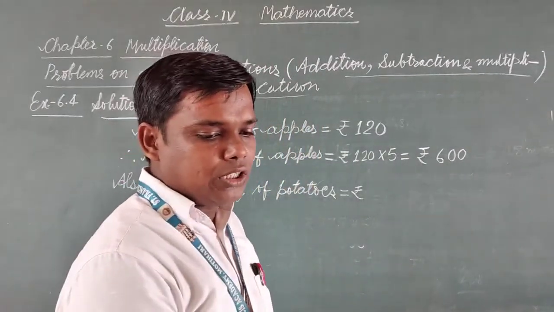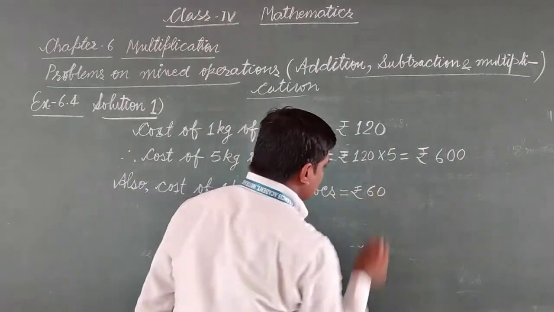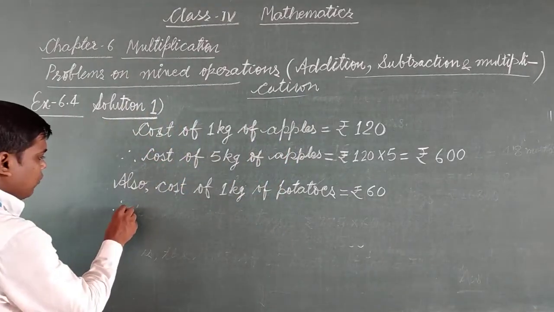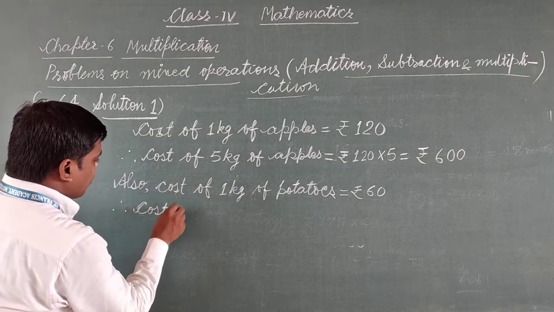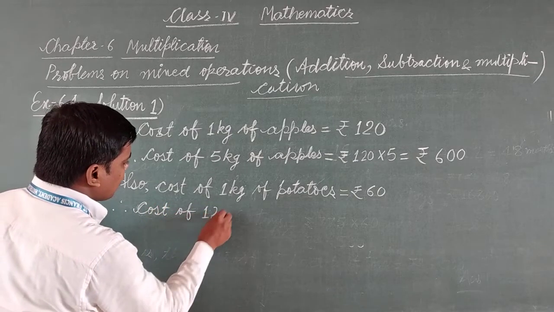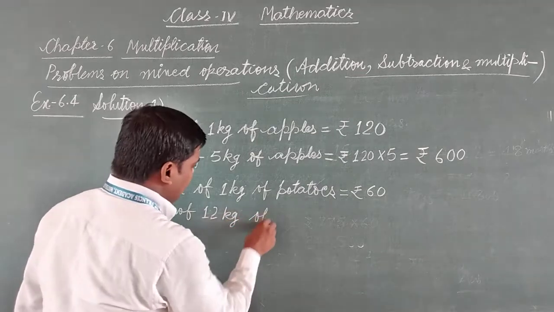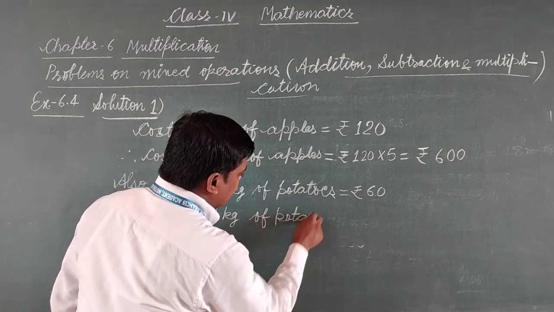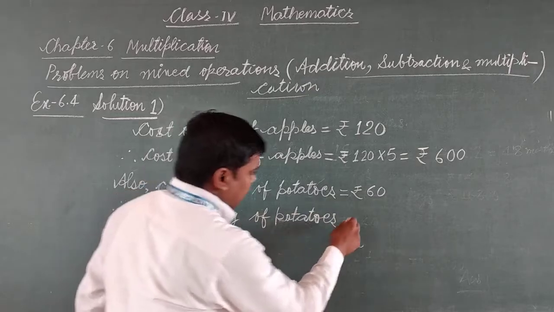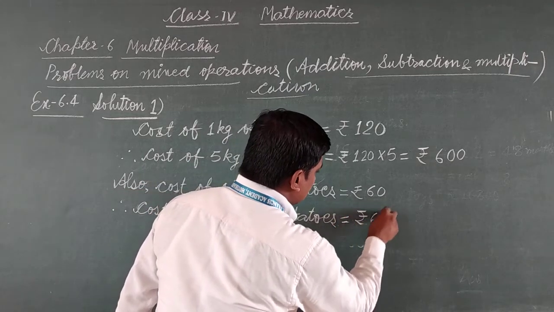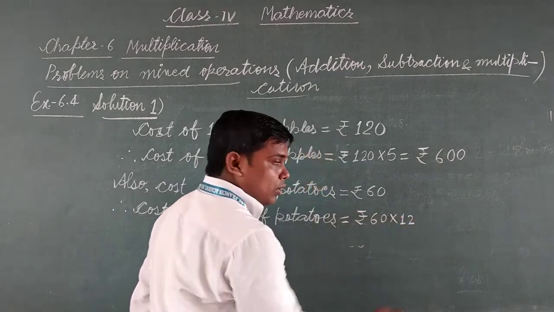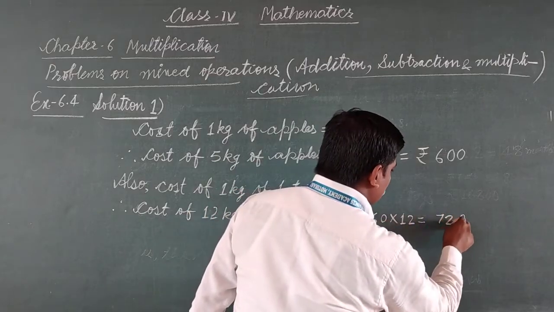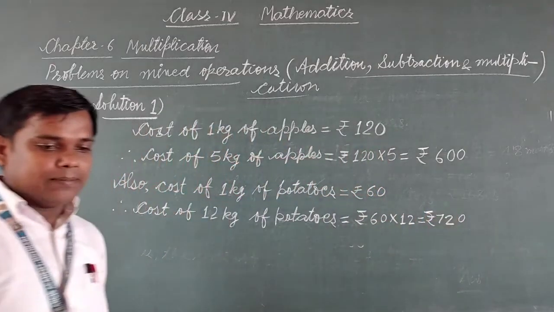Cost of 1 kg of potatoes is rupees 60, and therefore cost of 12 kg of potatoes is equal to rupees 60 multiplied by 12, which is equal to 720 rupees.